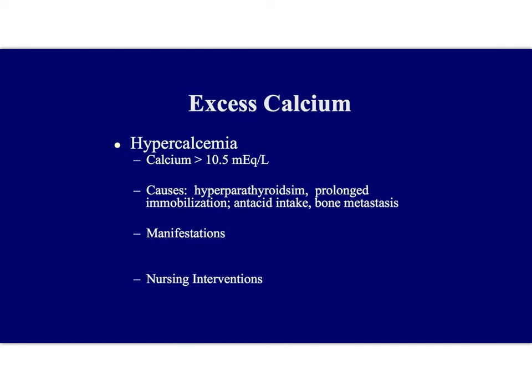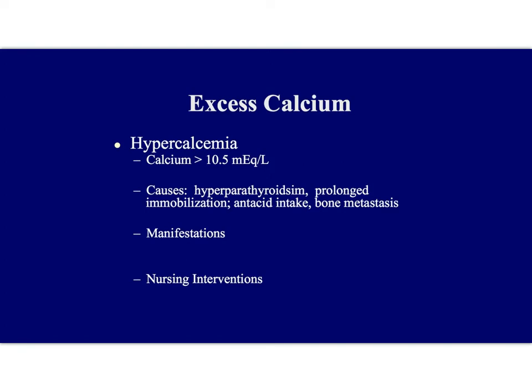All right, high calcium. You've got too much calcium. Higher than 10.5 milliequivalents per liter. Some things that cause high calcium levels: changes to the parathyroid, which alters parathyroid hormone and calcitonin.